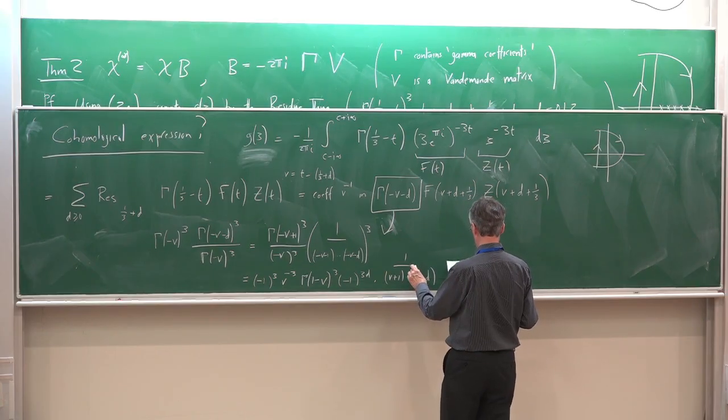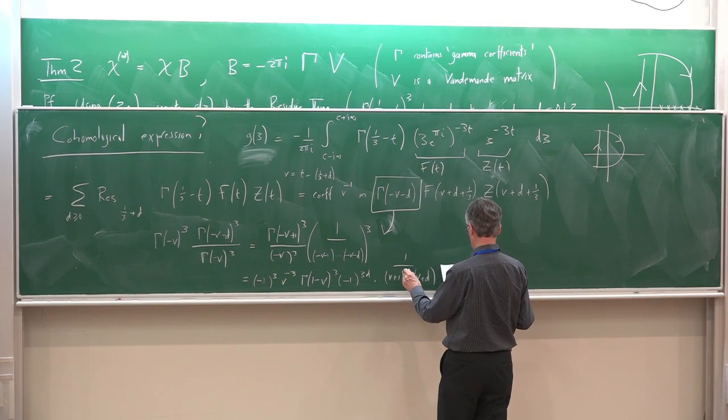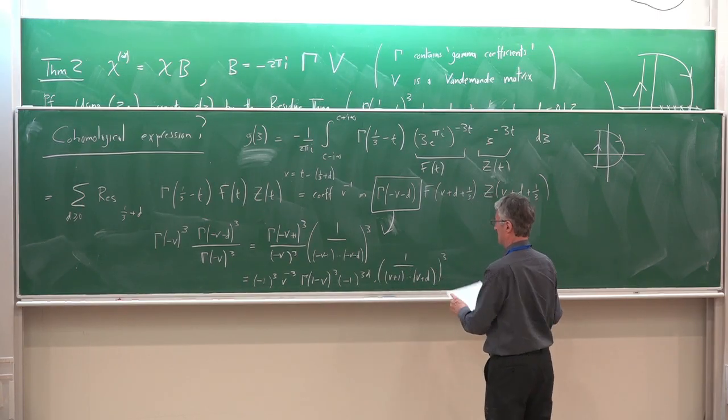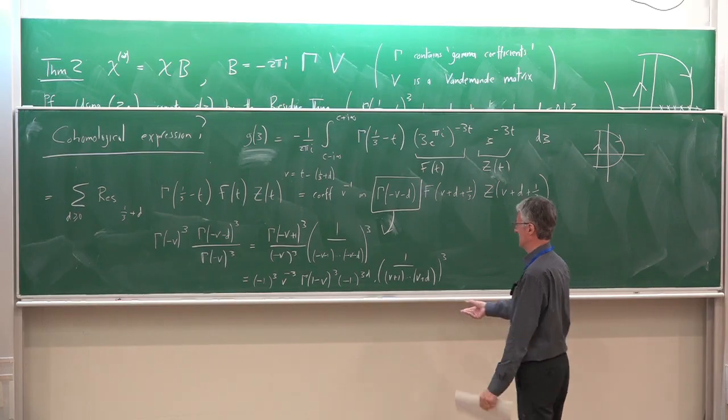It looks like the Givental solution, so this is cubed. Right, so this box is equal to this.